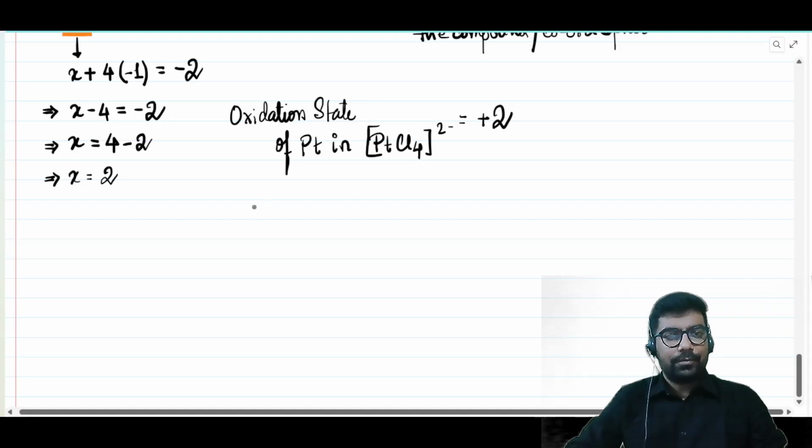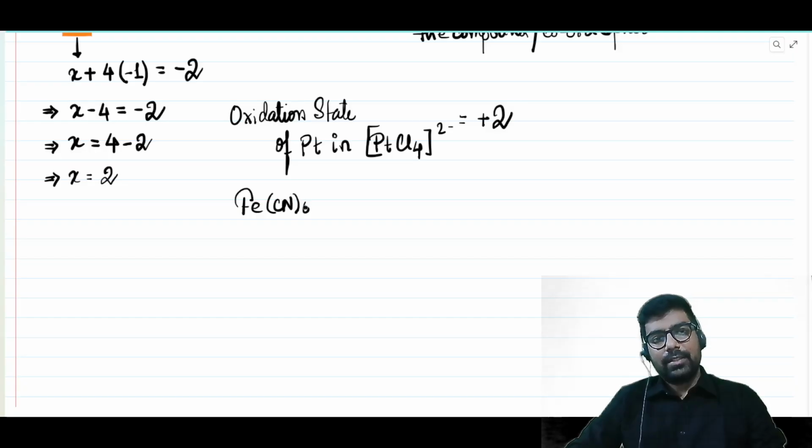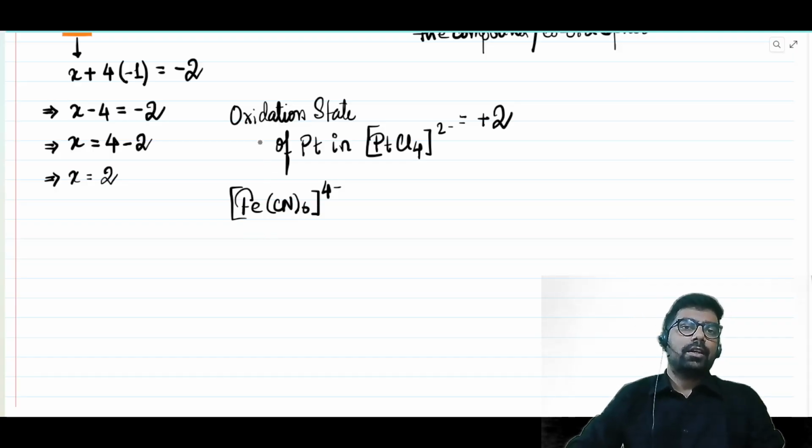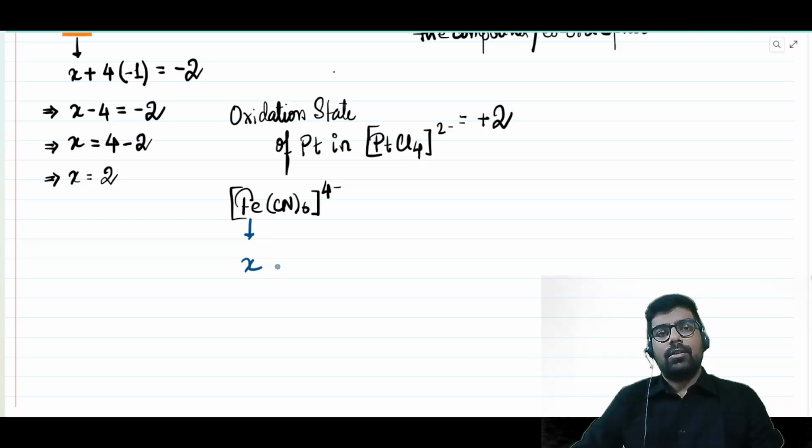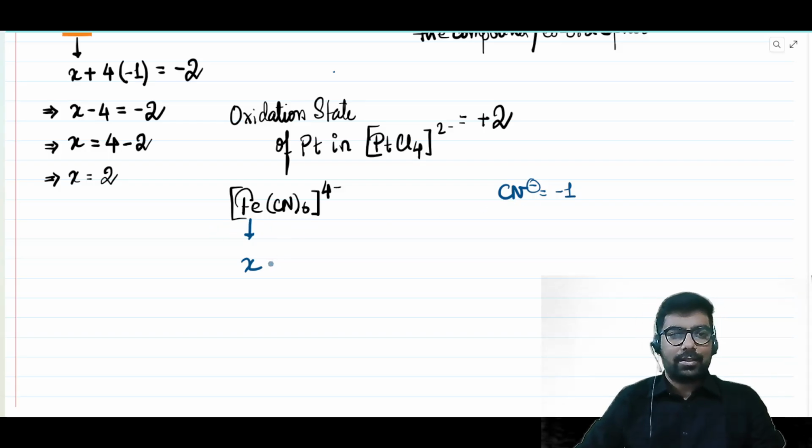Let's take another example. Let's say we have [Fe(CN)6]4-. Again, let the oxidation state of Fe be x. CN is basically CN minus, therefore the charge is -1. How many CN do we have? 6 CN.